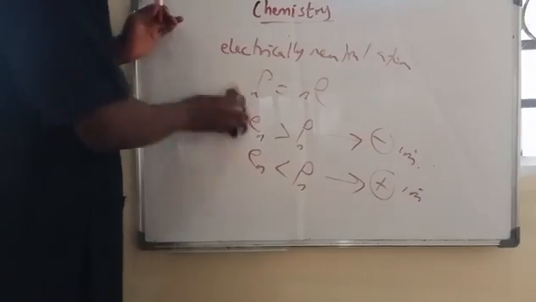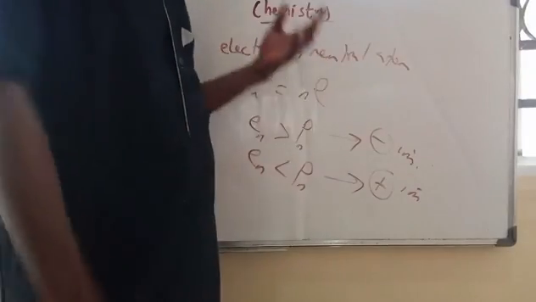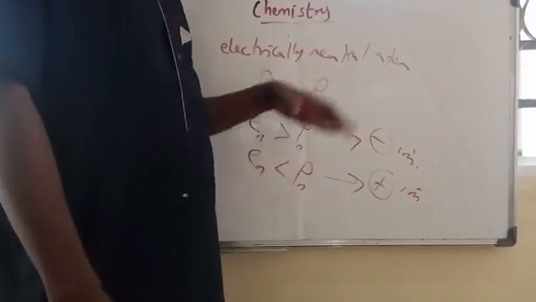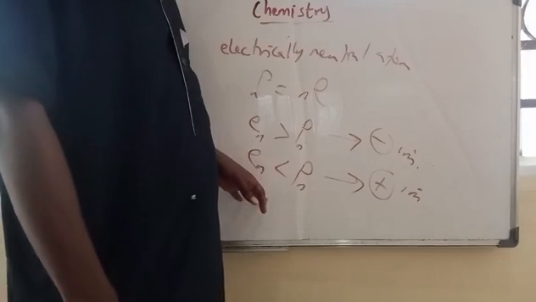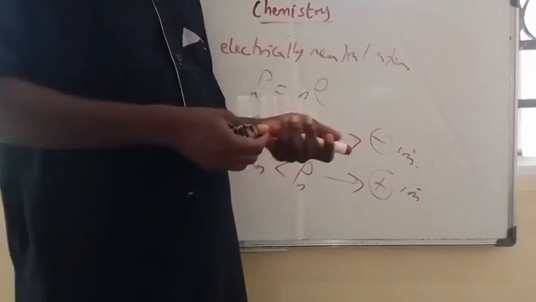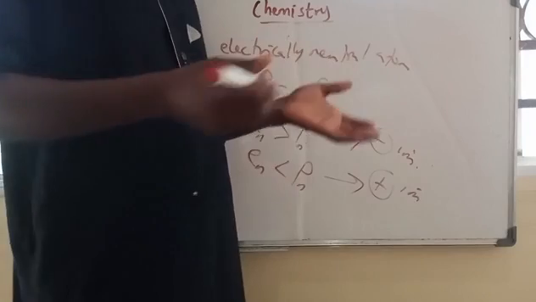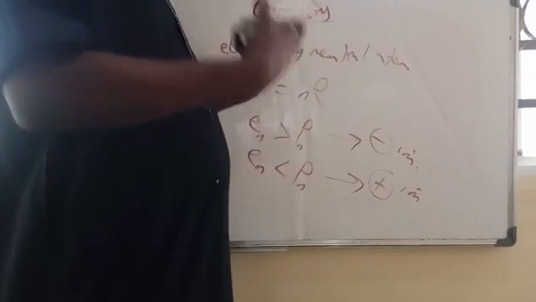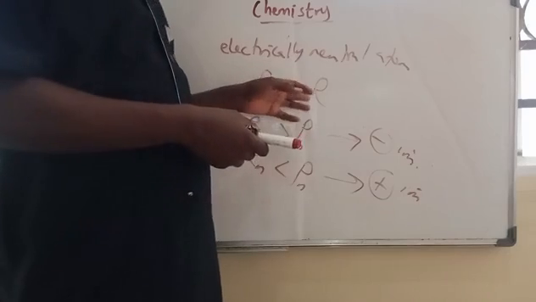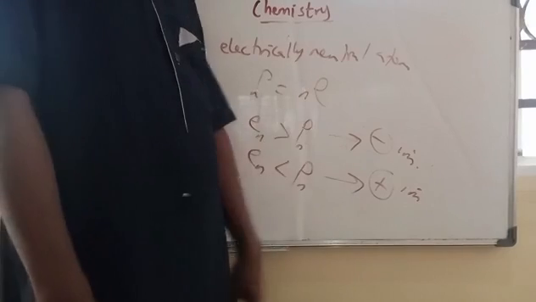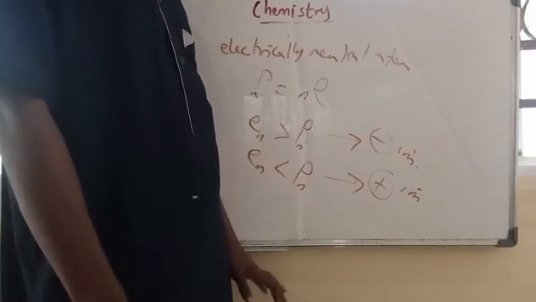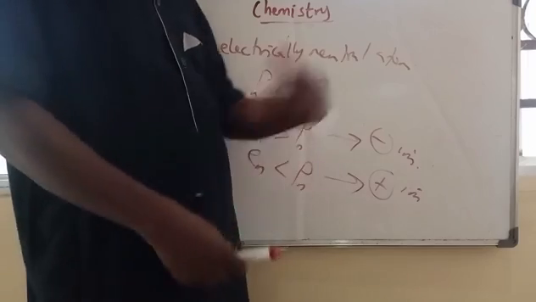So positive ions are formed when you have an excess of protons over electrons. So how does an atom that initially has an equal number of protons and electrons get more or fewer electrons? It happens when an electron is lost or gained.